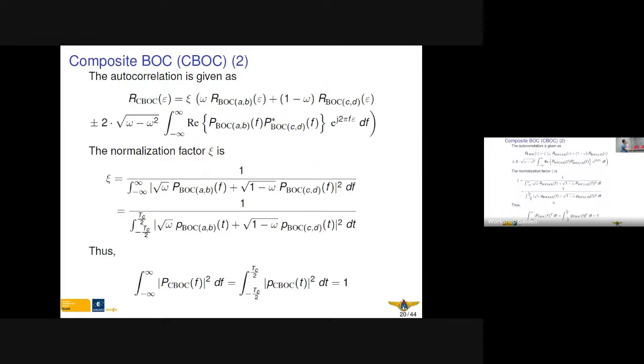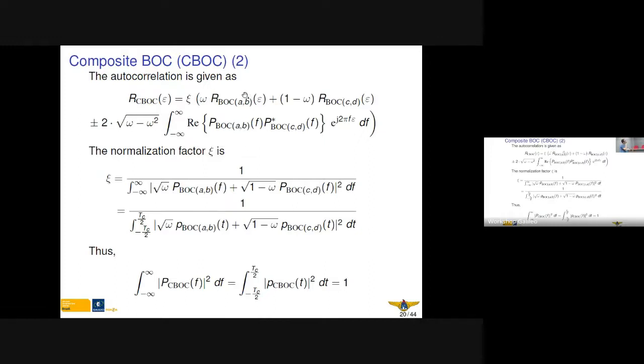How to calculate the autocorrelation function of this? This is just the Fourier transform of the power spectral density. So it's related. It's a Fourier transform of this given by the Wiener-Khinchin theorem.